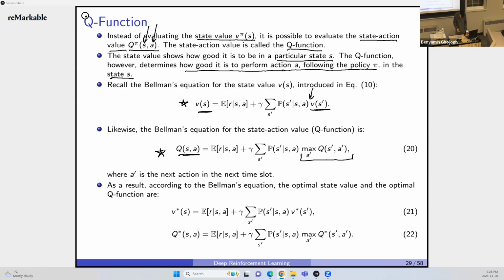Do you remember that we can also write Bellman equation in... this is Bellman equation, but this is putting the optimal value, V star, in the Bellman equation. We can also put optimal Q in the Bellman equation, Q star. When I say star, it means optimal.